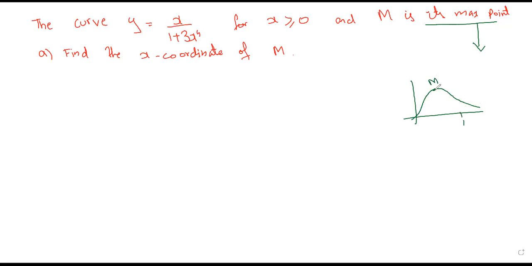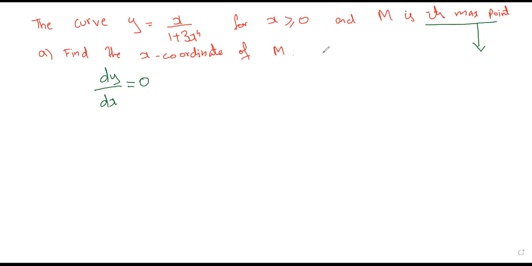But yeah, since this is the maximum point, it would be the stationary point, so dy by dx would be 0. And what exactly would be dy by dx? We can figure that out by making things easier for us. Instead of applying the quotient rule, I like going about the product rule.